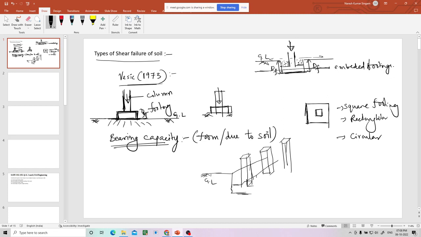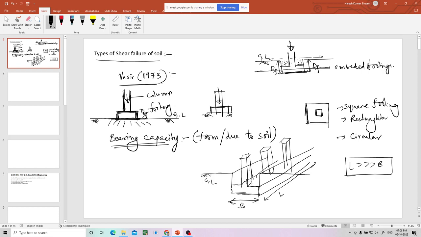If you use the same footing for all columns, it is very long: compared to the width, the length is much higher, L is greater than B. This is the depth of footing, and this is a continuous footing. These are called strip footings.